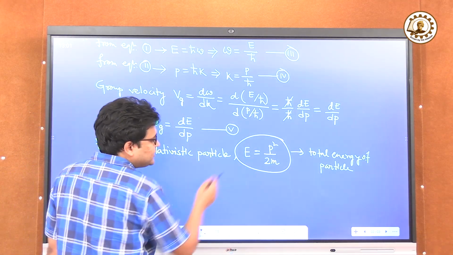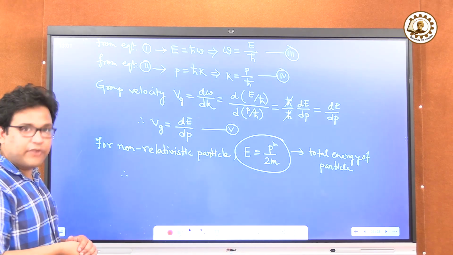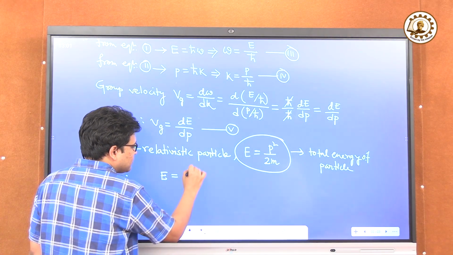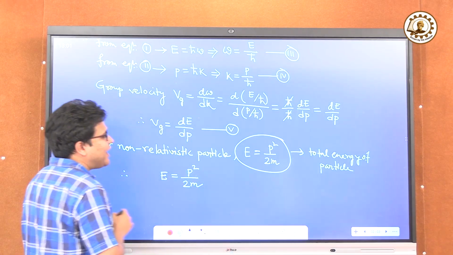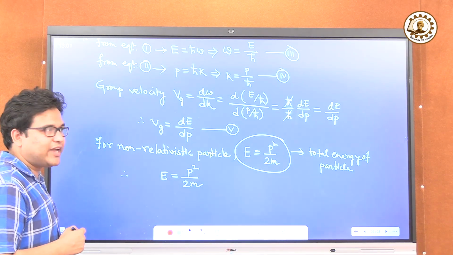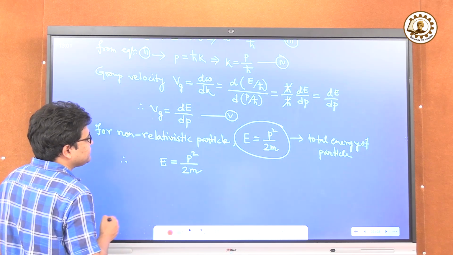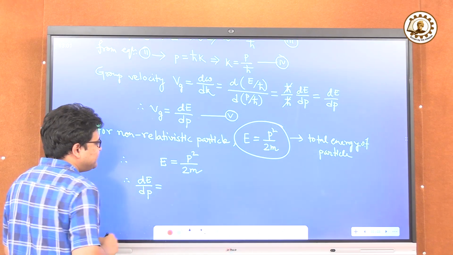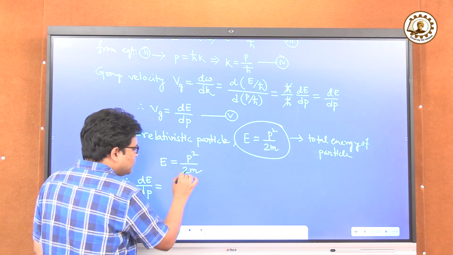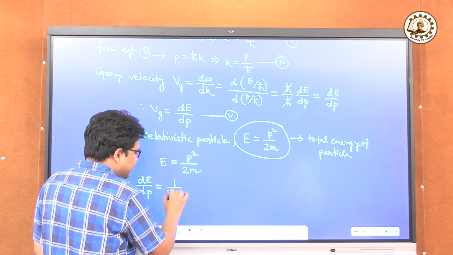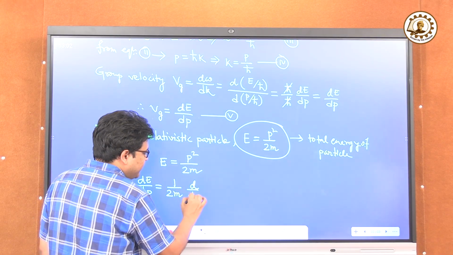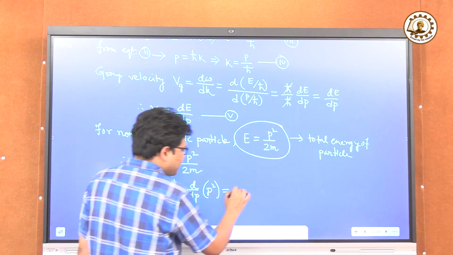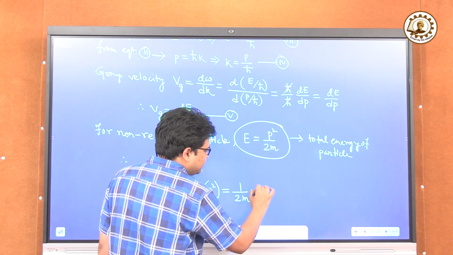So since the total energy of a non-relativistic free particle is E equals P square by 2m, now we have to differentiate both sides with respect to momentum, that is with respect to P. Therefore dE/dP becomes 1 by 2m, which is a constant, so it is taken out of the differentiation. d/dP acts on P square, so we have 1 by 2m into 2P.